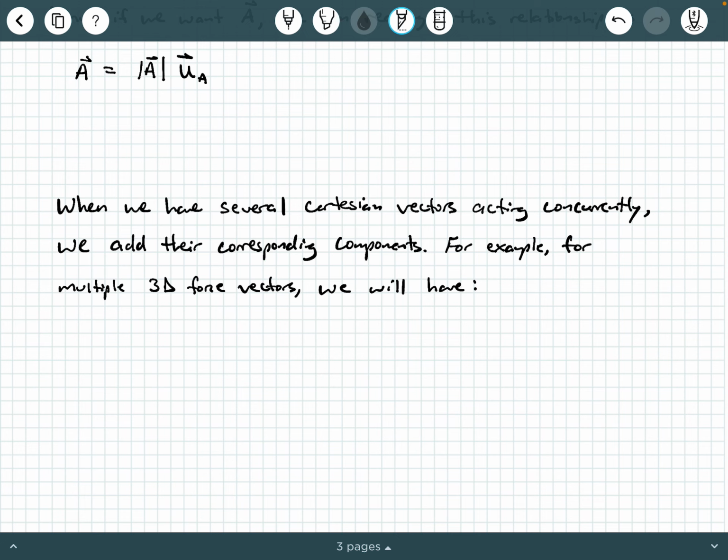So for example, for multiple 3D force vectors, a resultant vector is going to be equal to the sum of all of the force vectors acting in the system, and we can say that's the sum of the x components times i plus the sum of the y components times j plus the sum of the z components times k.